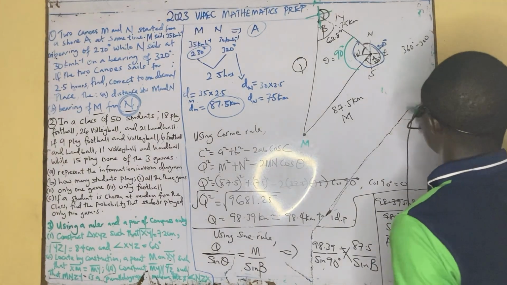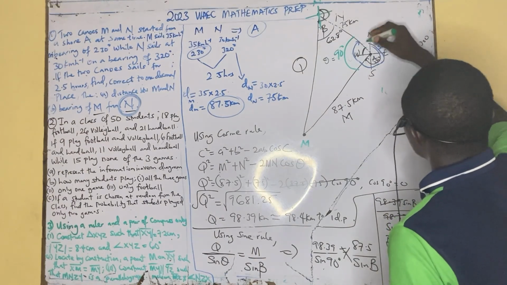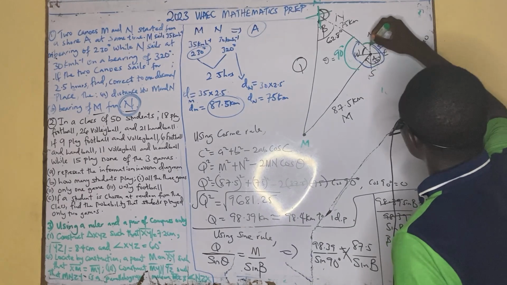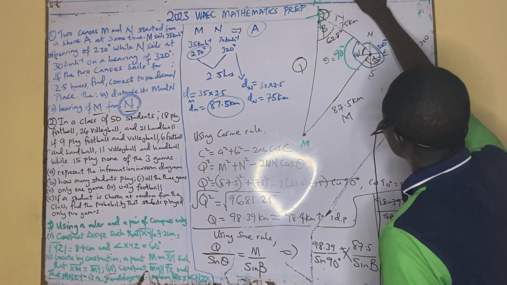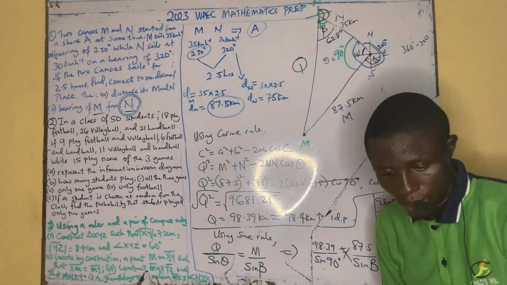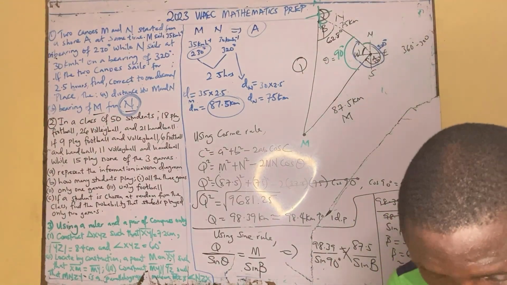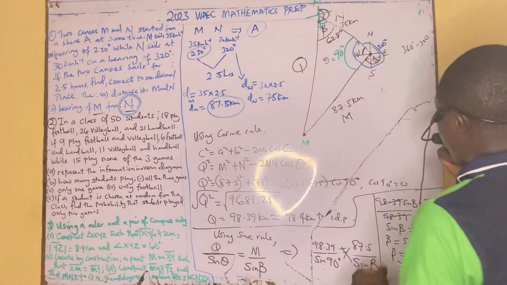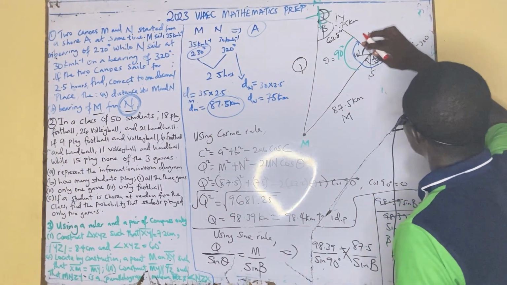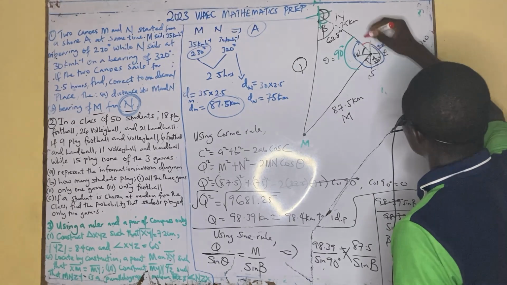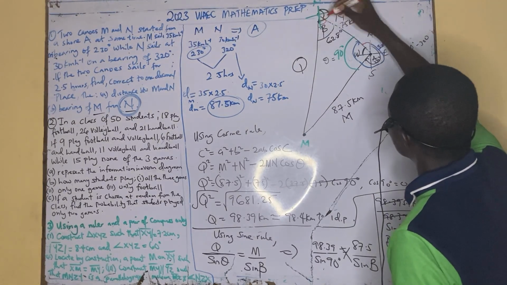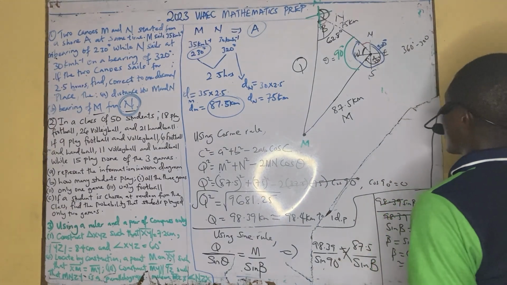I know it's kind of technical, but you have to follow. Get this angle here so that after we've gotten it, it can be alternate to this angle. Let me use a red marker. Now this angle here is alternate to this angle here.